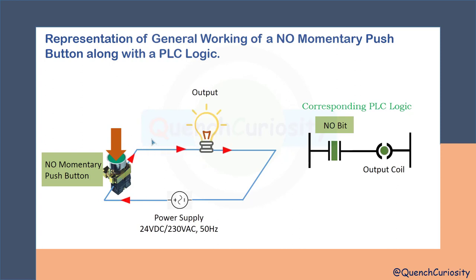When the button is pressed, the corresponding bit in the PLC is energized. This activates the output. However, when the button is released, the corresponding output in the PLC is also de-energized.